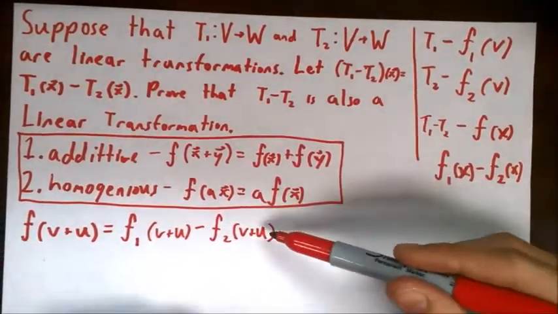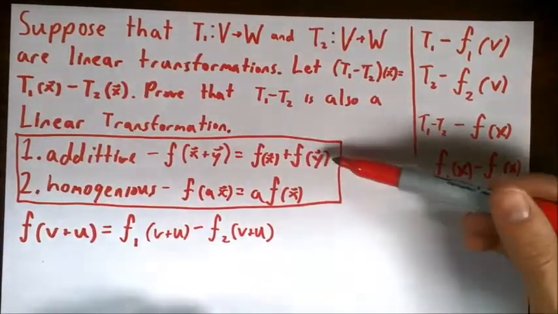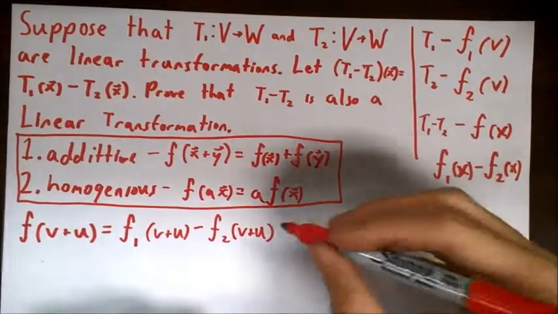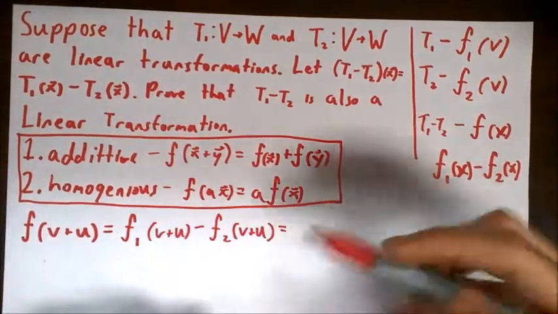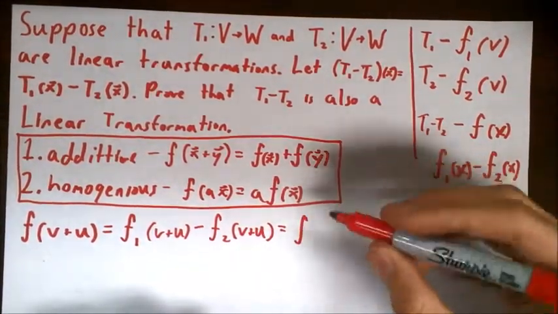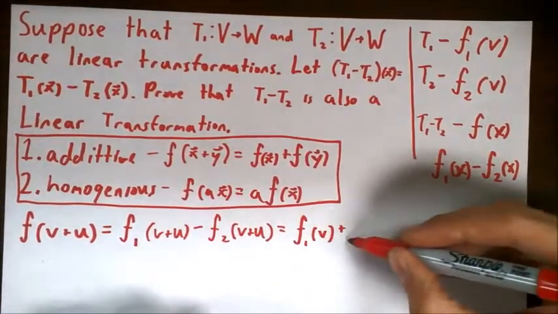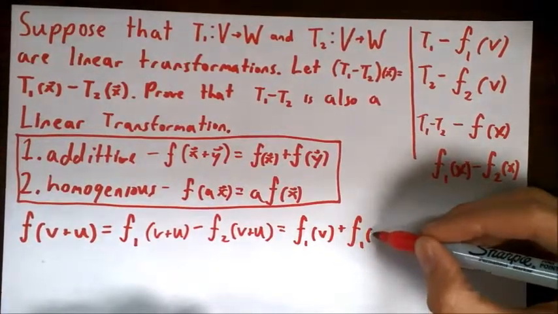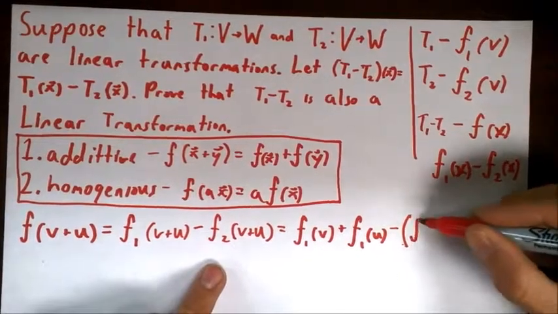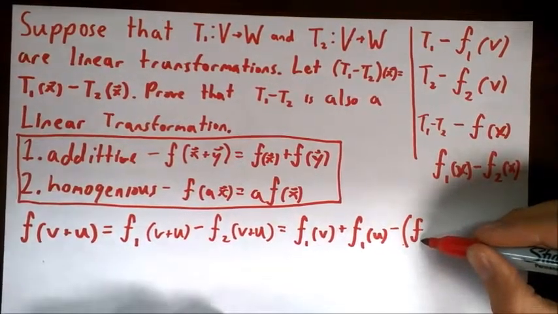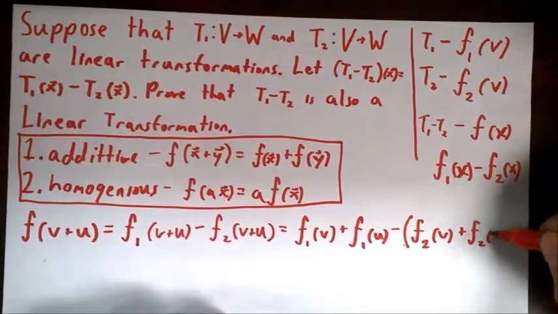And since we know that both f1 and f2 are linear transformations themselves, they follow both of these rules also. So expanding each of these, f1 of v plus u is f1 of v plus f1 of u, and then we subtract f2 of v plus u, which is f2 of v plus f2 of u.